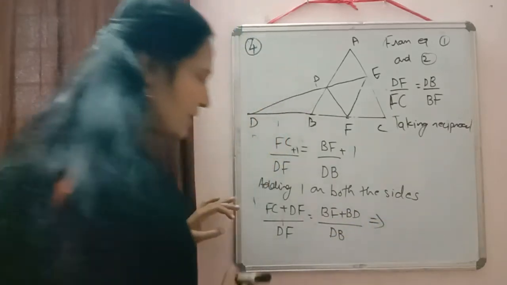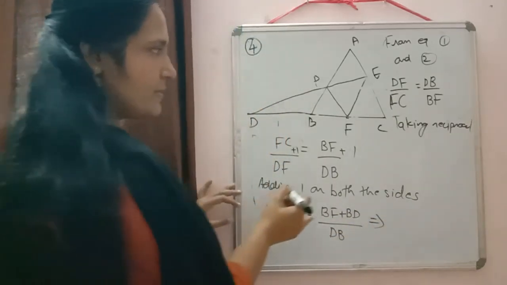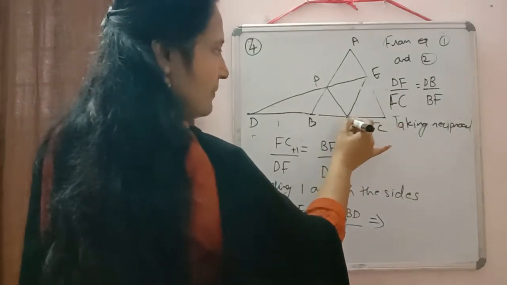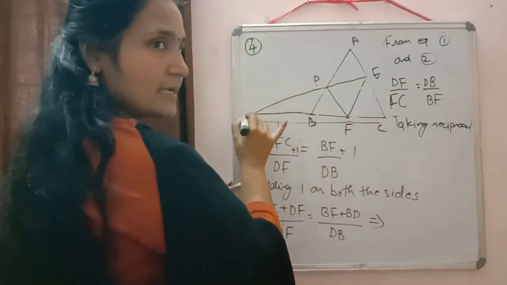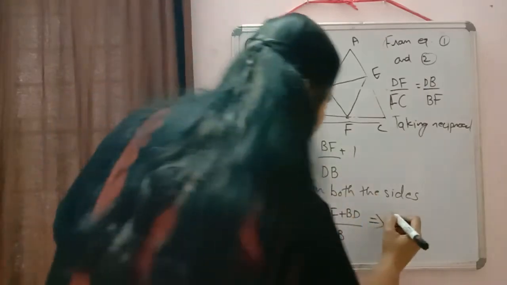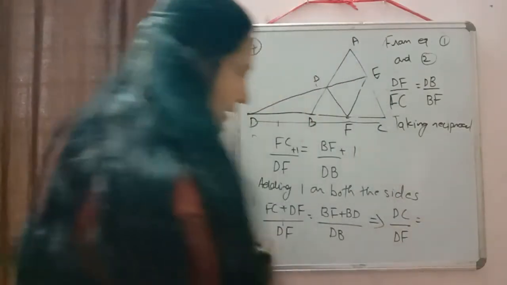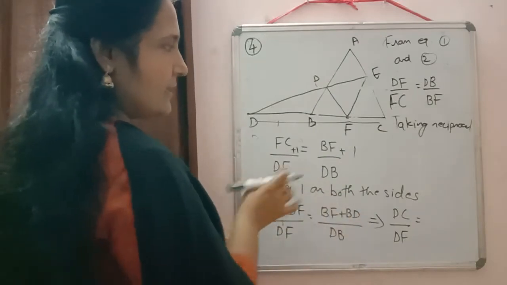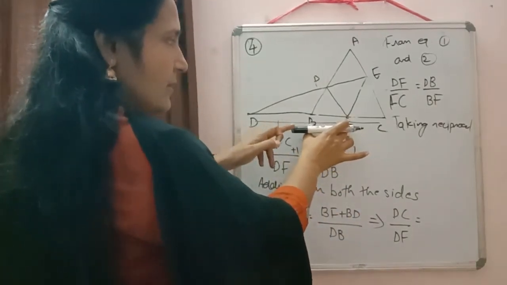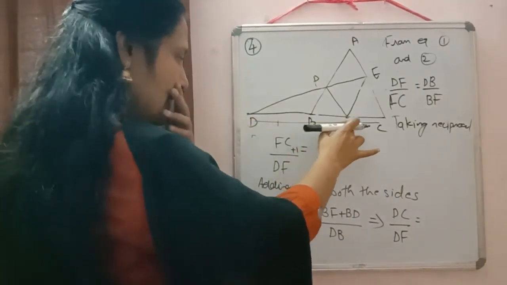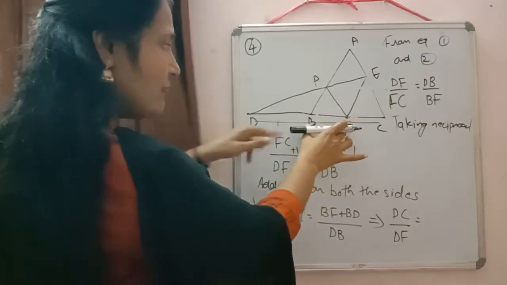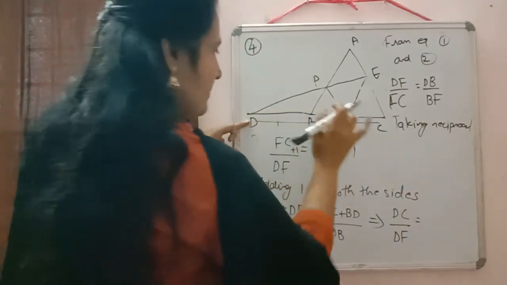Now check in the figure, FC plus DF together will be equal to DC. DC by DF is equal to BF plus BD, which will be equal to FD by BD.